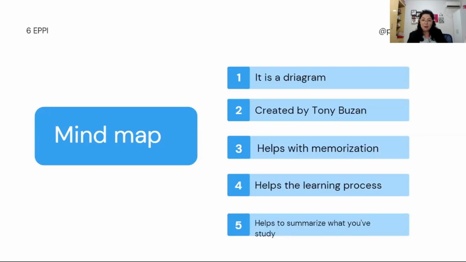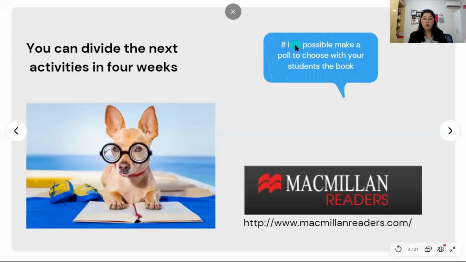When the students do a mind map, it helps with the memorization, helps you to memorize what you've been studying or what you've been reading, helps you with the learning process, helps to summarize what you've been reading or studying. So that's what we are going to do, okay? Summarize the books. Help the students to summarize the books.